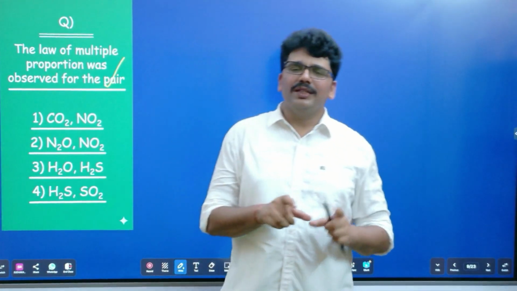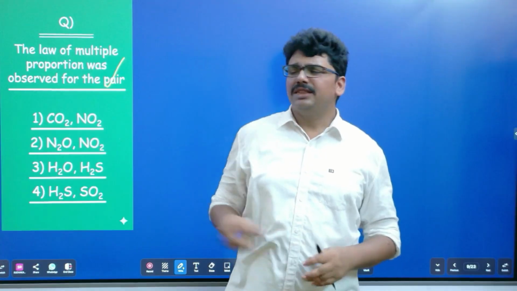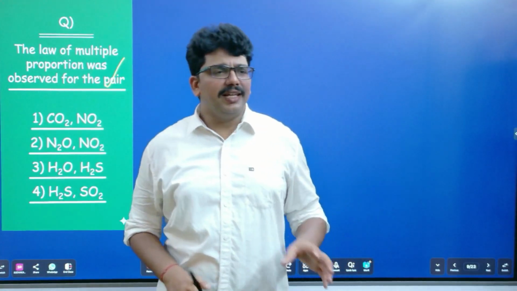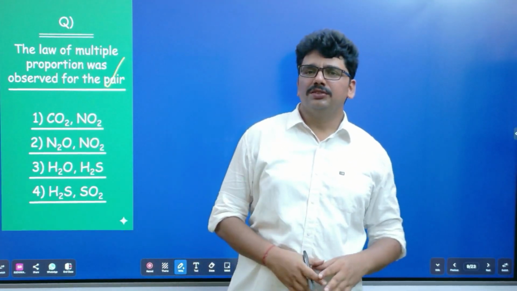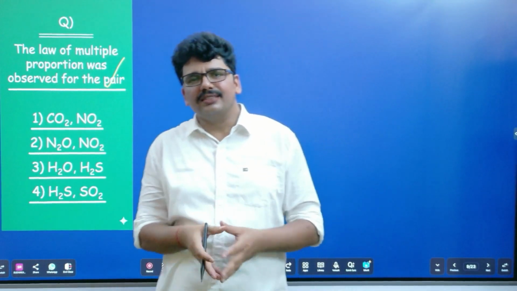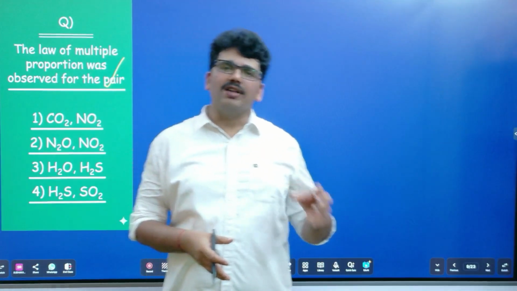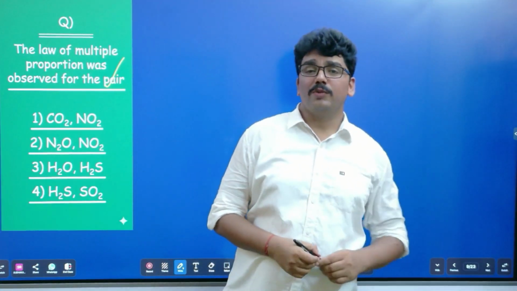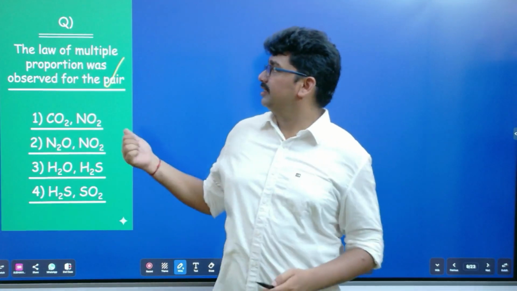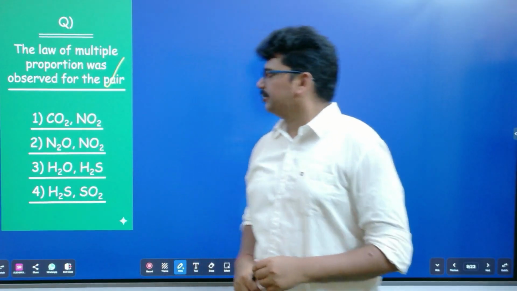If the given problem is revolving around three elements A, B, C, three elements hydrogen, oxygen, sulfur, so the problem is discussing three elements, that concept is the law of reciprocal proportion or law of inverse proportion. But this is what? Law of multiple proportion.